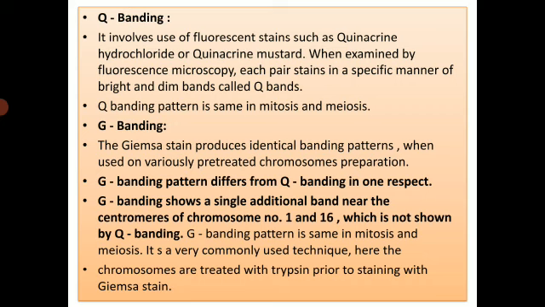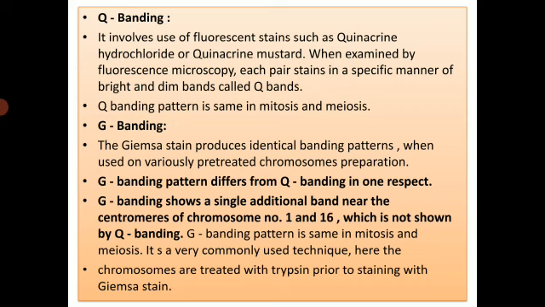The Giemsa stain procedures produce identical banding patterns when used on variously pre-treated chromosome preparations. G banding pattern differs from Q banding in one respect.